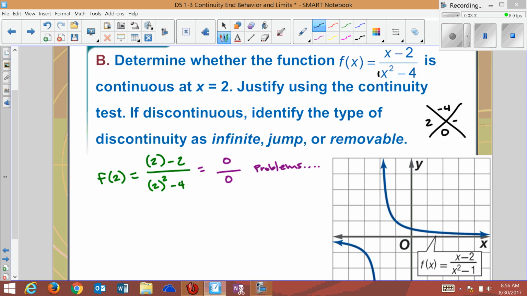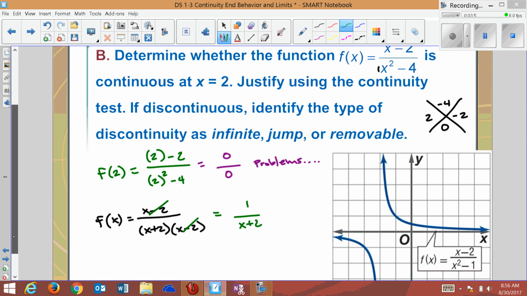Well, 2 and negative 2. My a is 1, so my equation is the same thing as x minus 2 over x plus 2 and x minus 2. A little math here, and I can cancel these two factors, which leaves me with nothing on top. So you don't put a 0, you actually put a 1 over x plus 2.